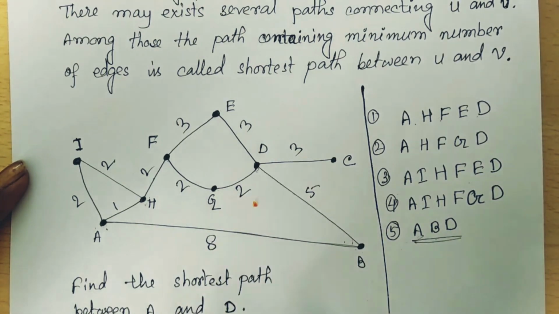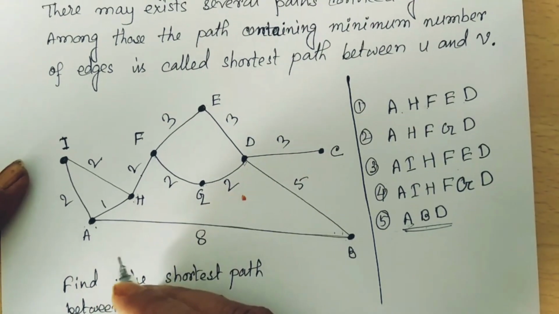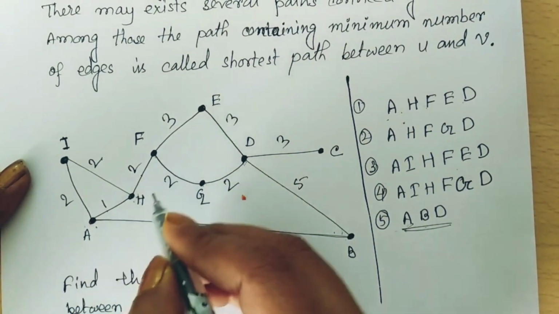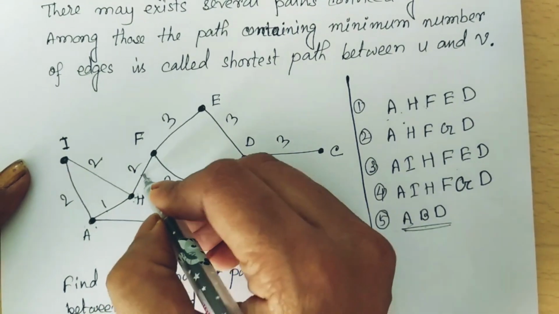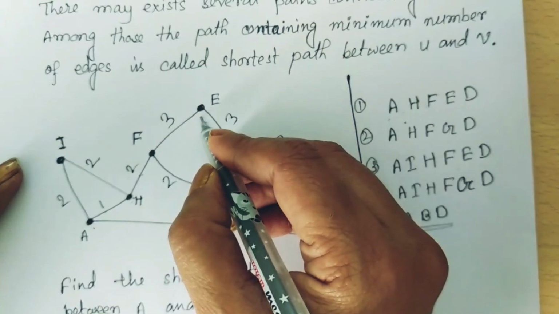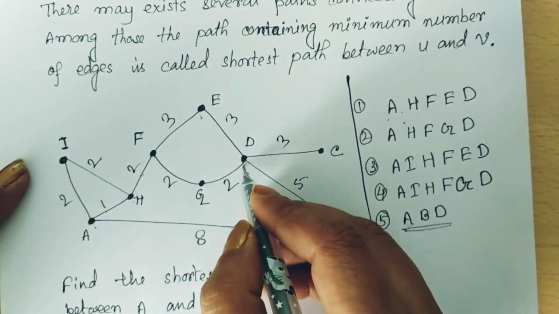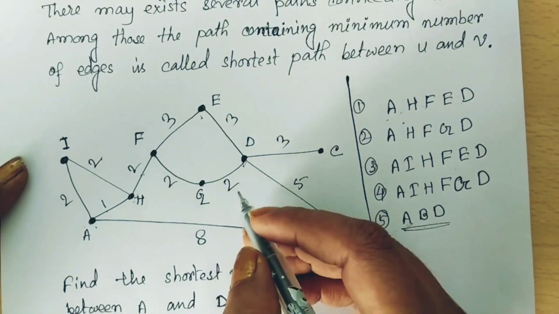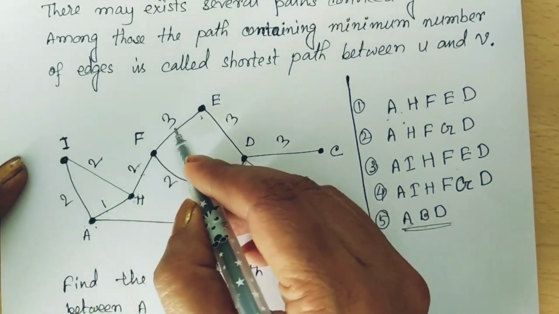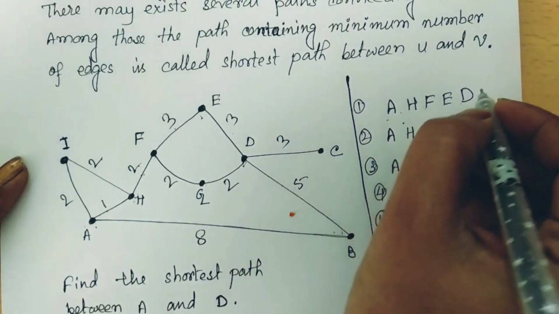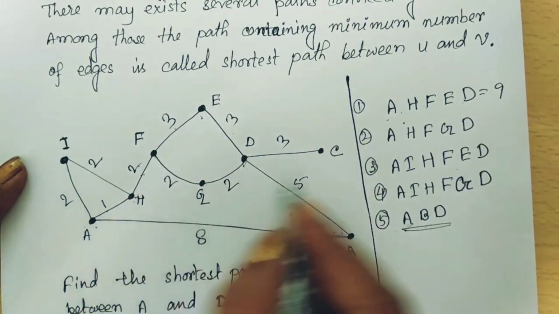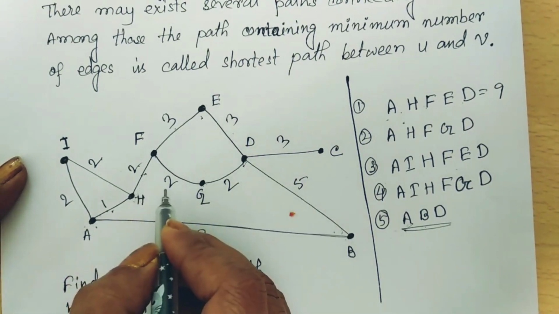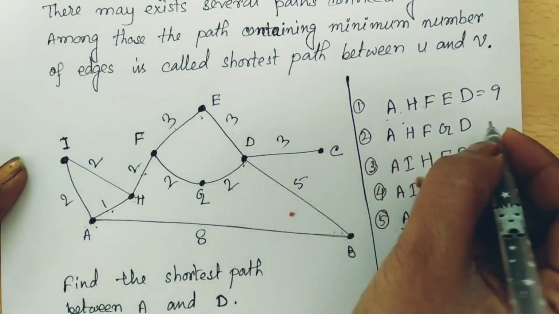So if we do so, then if we consider the first path, A to H its weight is 1, then H to F its weight is 2, F to E its weight is 3, E to D its weight is again 3, so the total weight is 3, 6, then 3, 9. So its total weight is 9. Similarly, for the second one, its weight is 1, 3, 5 and 2, that is 7.